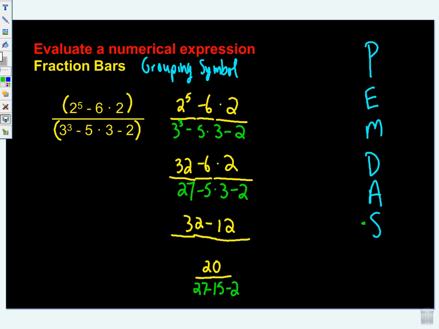So our final expression is 20 divided by 10 when I evaluate the numerator and the denominator separately. But don't forget, we've got this fraction bar. As we know, a fraction bar indicates division. So I'm going to divide 20 by 10, leaving us with a total of 2 when evaluating this numerical expression. Your next video will be focusing on evaluating algebraic expressions.